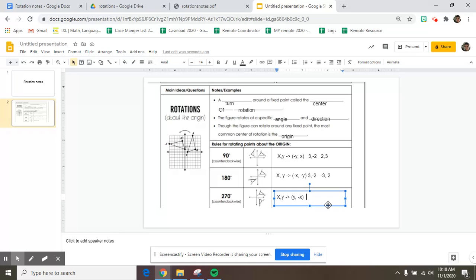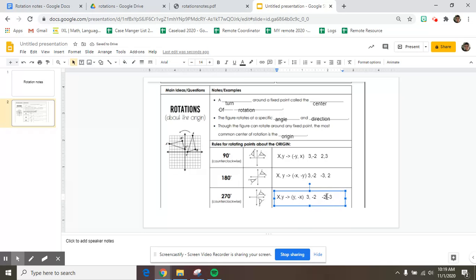So again, if our original point is 3, -2, we need to flip so that our -2 is first. And since my 3 is positive, that X position, it's now telling me here I need to change the sign so it now becomes a -3.